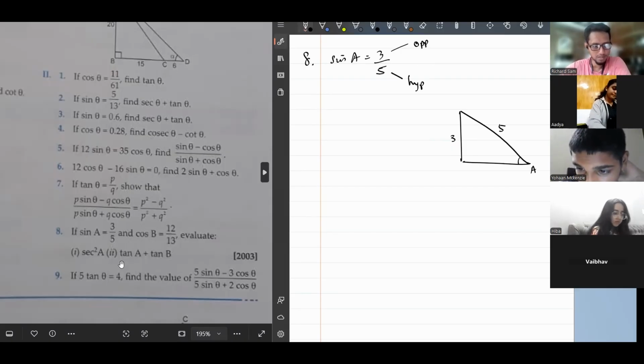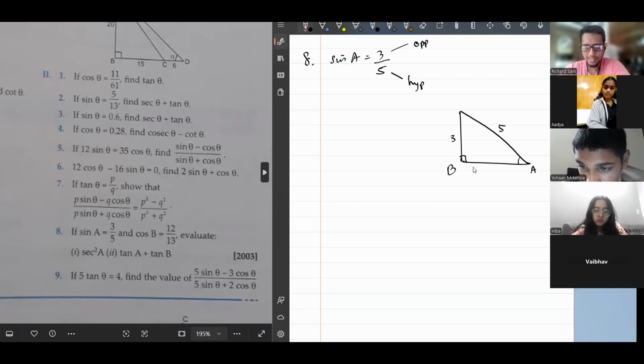Okay, and cos B is 12 upon 13. Now, is it the same triangle or two different triangles? It has to be the same triangle. The first one was sine A, so they took A. Next is cos B. Which vertex of the triangle should we take as B?